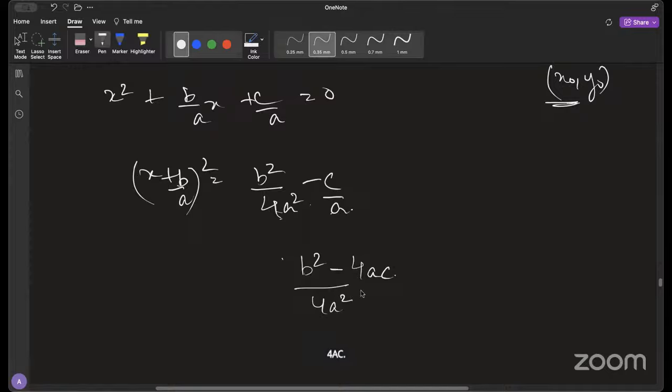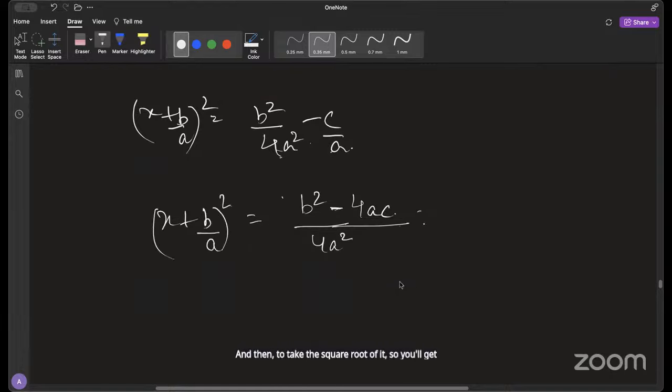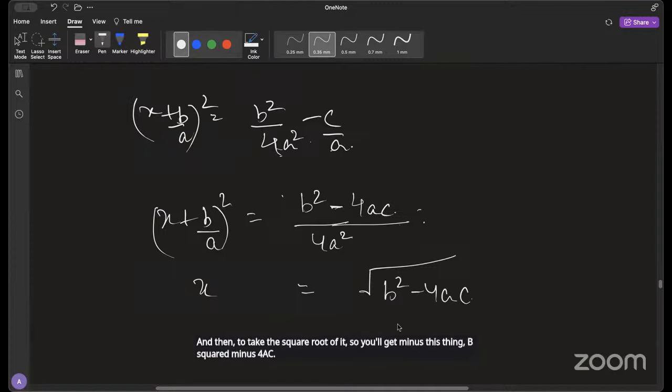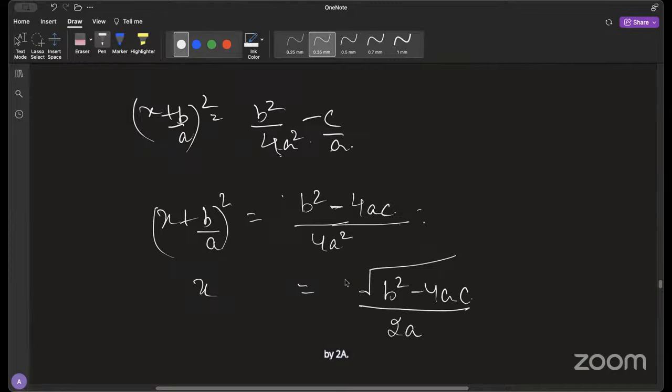Putting these together, this is going to be b square minus 4ac by 2a, then you have a plus minus here.